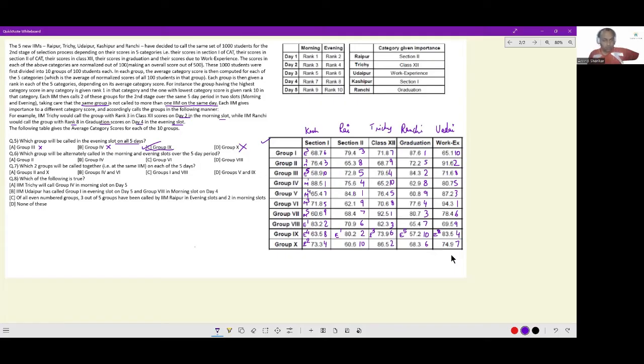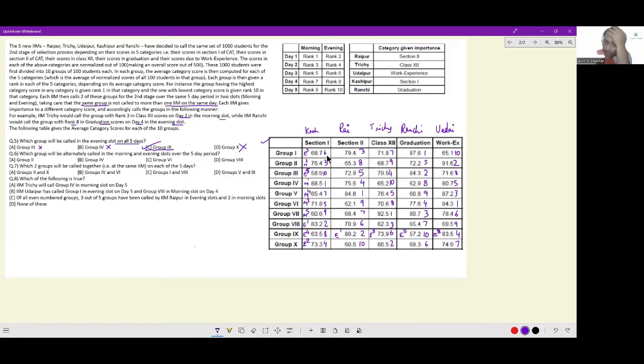Which group will be alternately called in the morning and evening slots over the 5-day period? Okay. Group 2. See, if you are going to be called in morning and evening slots over the 5-day period, let's see. 2, 3, 8, 9, 5.